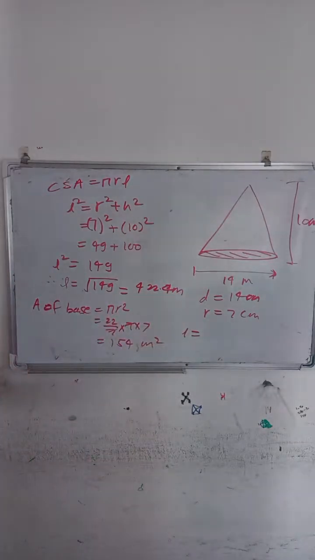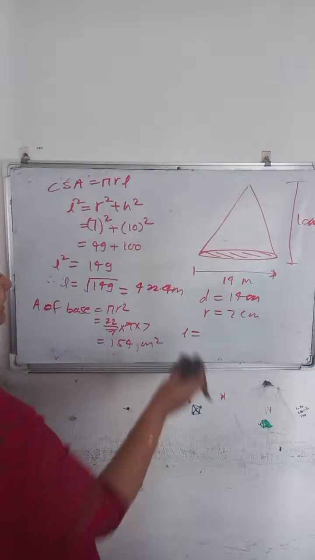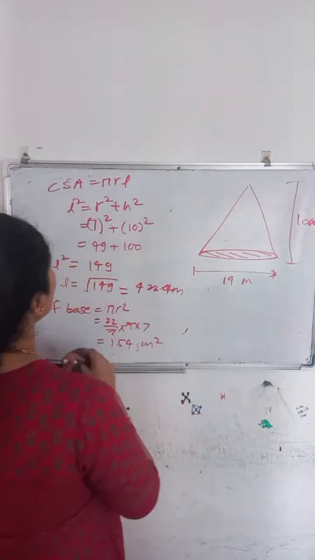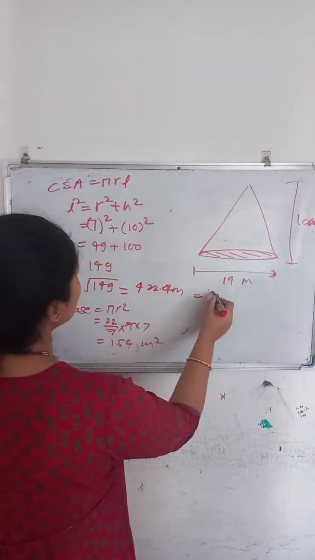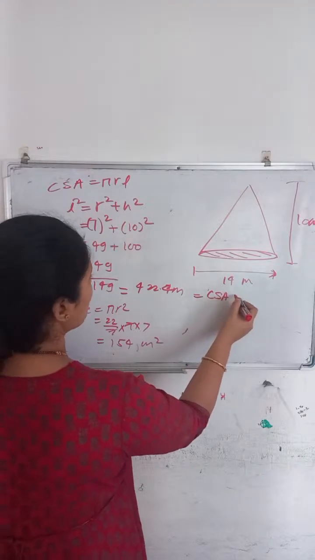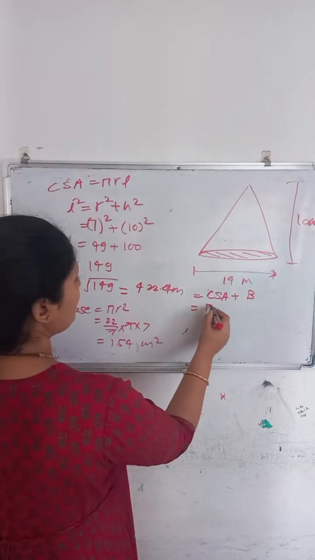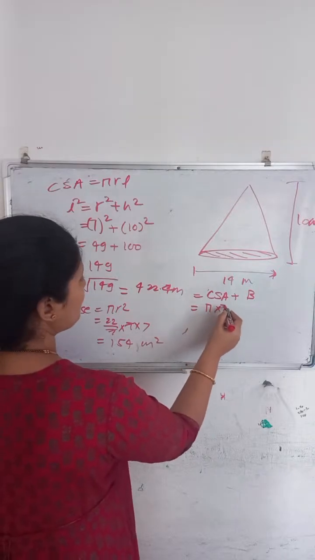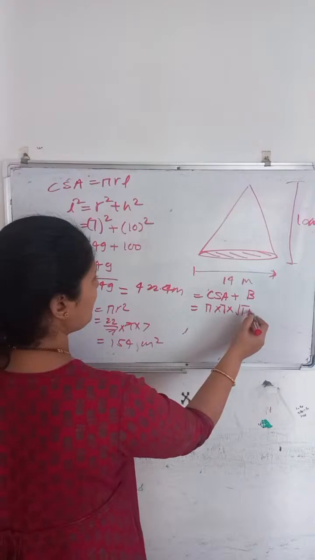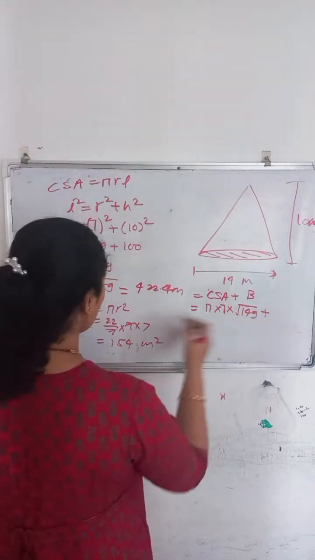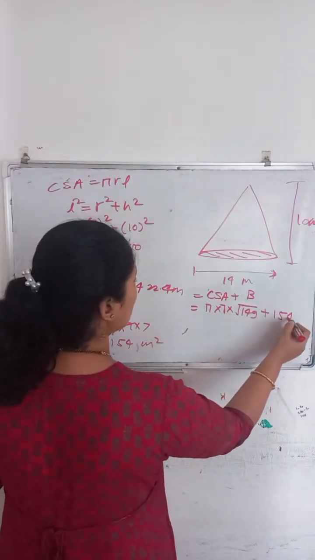Then, the last one: the cost of the cloth per meter square is 150 rupees. Then find the total cost for making the tent. So the total cost is nothing but the CSA of the cone plus the base. CSA is pi into r, which is 7, into L, which is square root of 149, plus the base we got, 154.